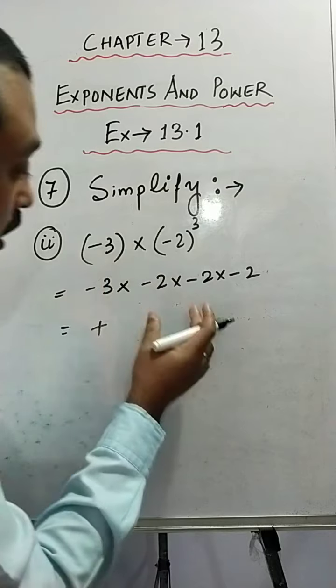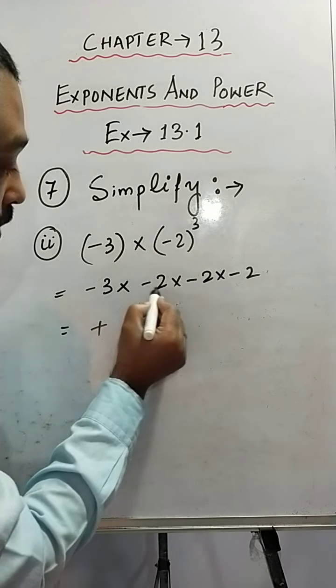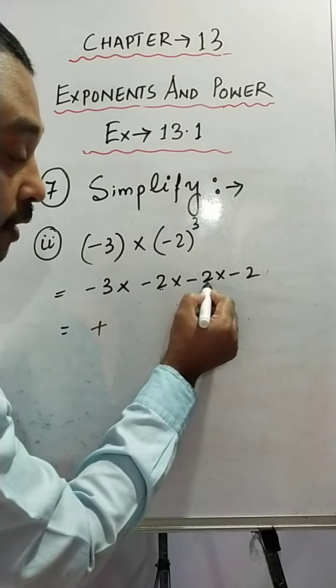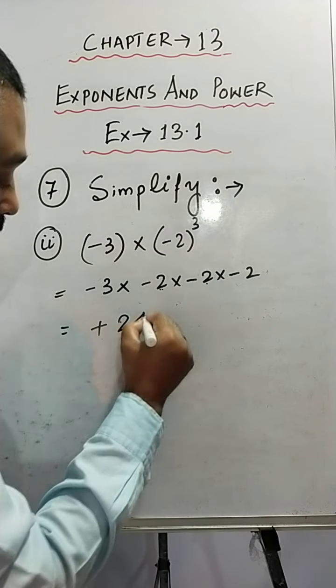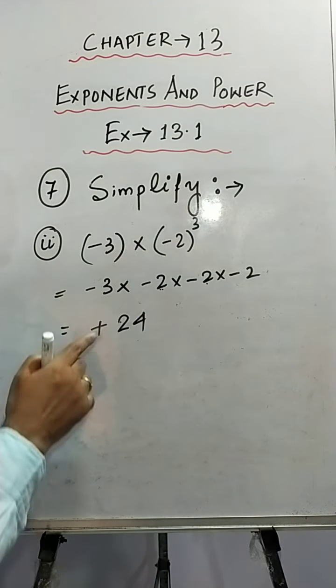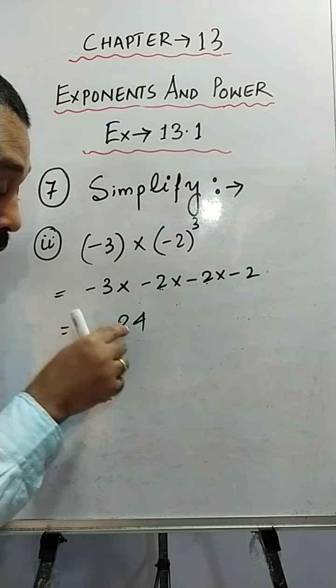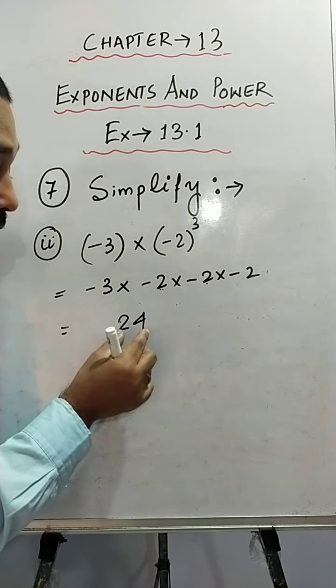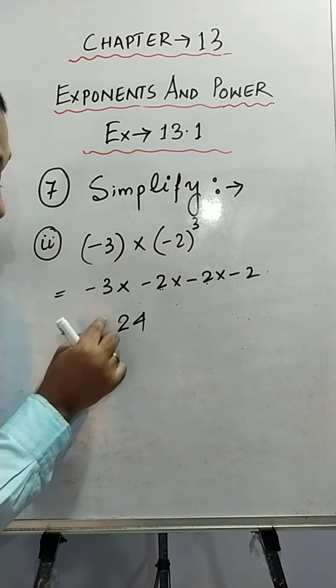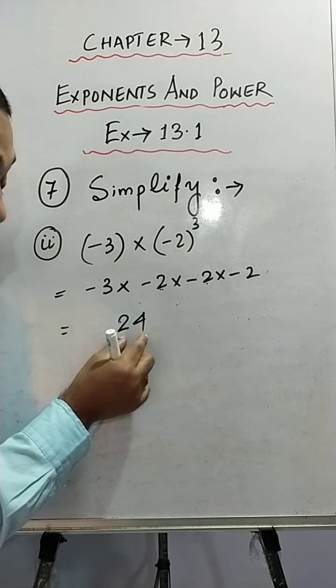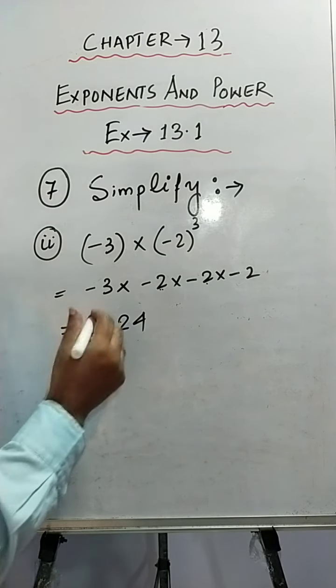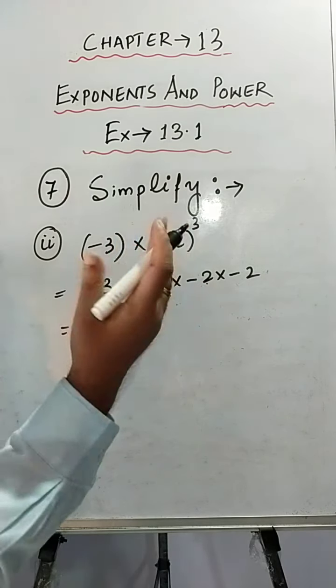Now multiply all these numbers: 2 2s are 4, 4 2s are 8, 8 2s are 16. If you are not writing the positive sign, your answer is still correct, because if there is no sign, that number is positive. If you want to write it, no problem.